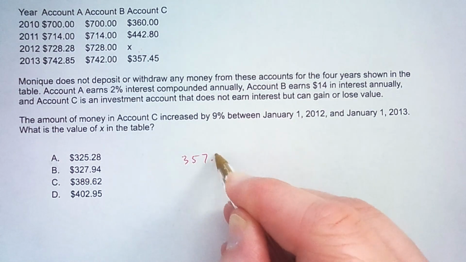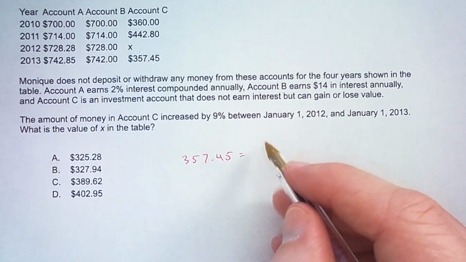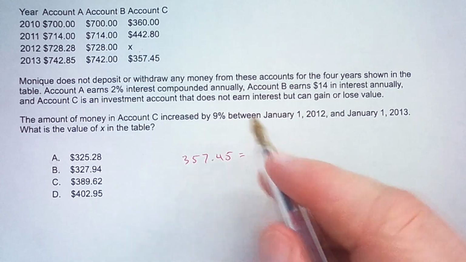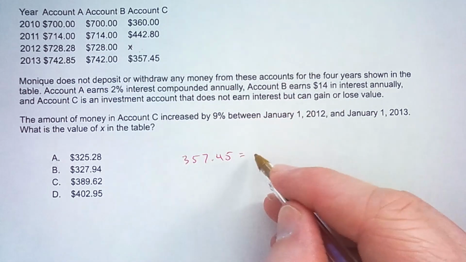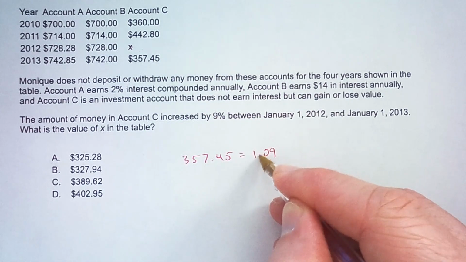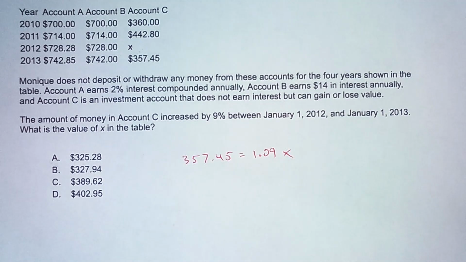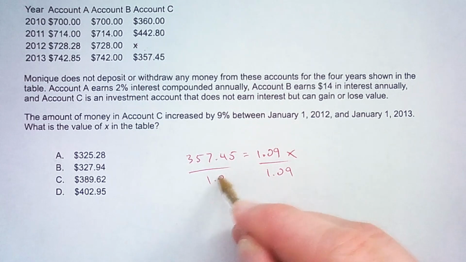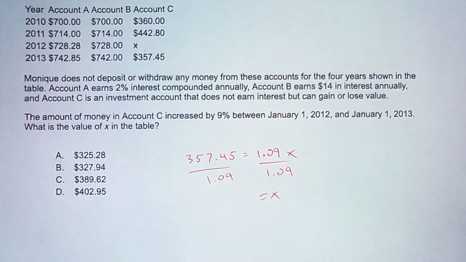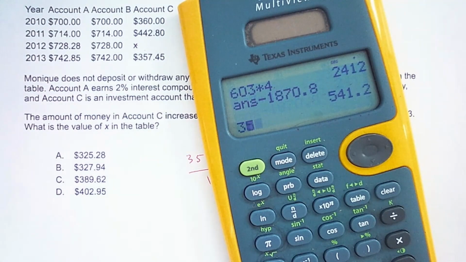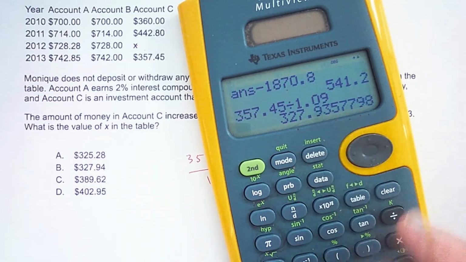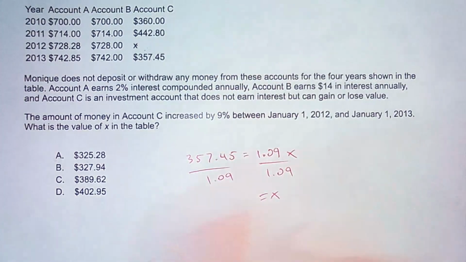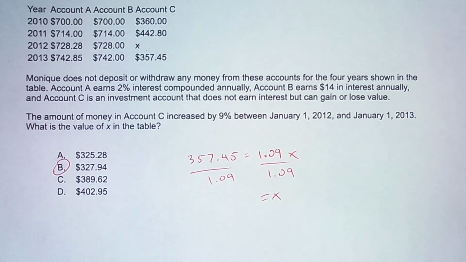So 357.45 is equal to 109% times X, or 1.09 times X. So we'll divide by 1.09. 357.45 divided by 1.09 is 327.94, option B.